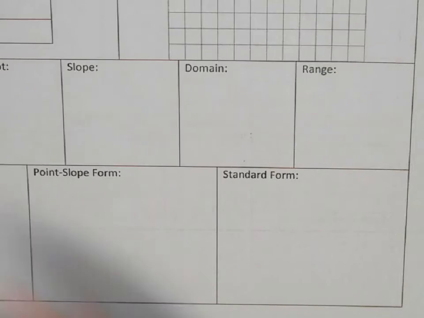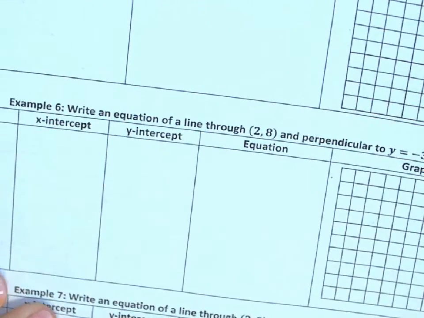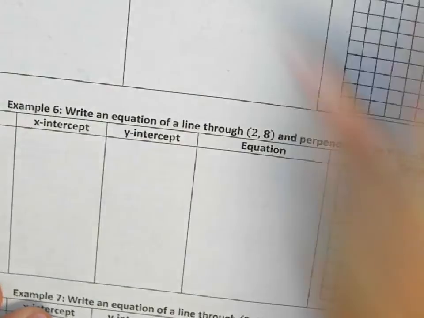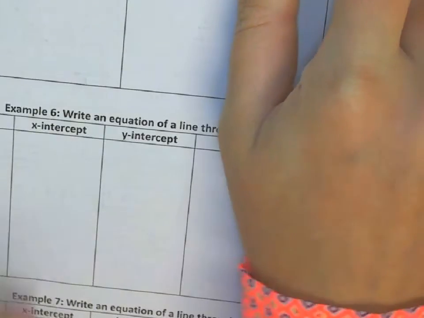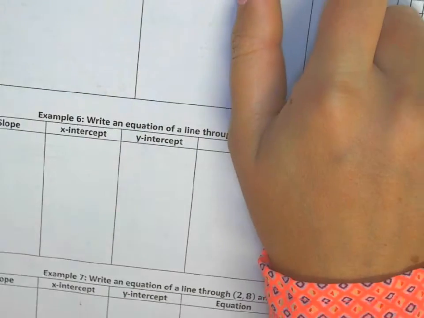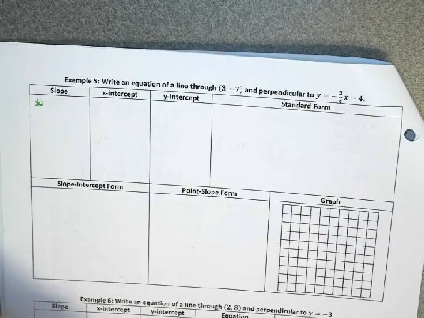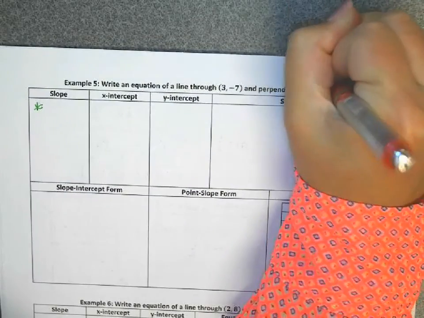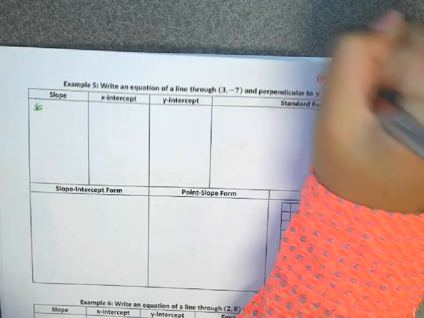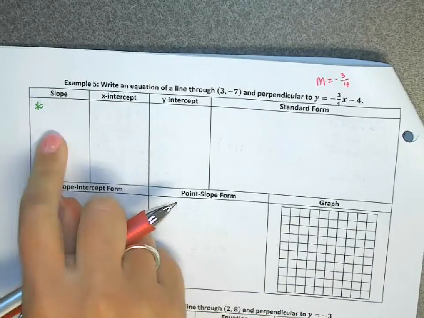Okay, so if I flip the page, it says write an equation of a line through (3, -7) and perpendicular to this equation here. Now, this slope here is -3/4, but I want a slope that's perpendicular.